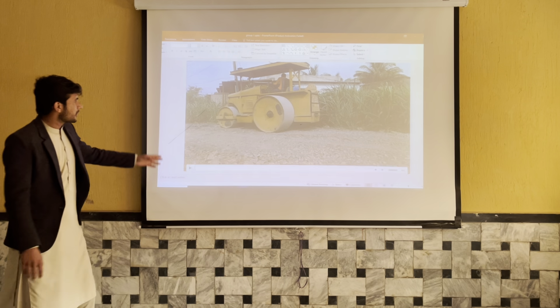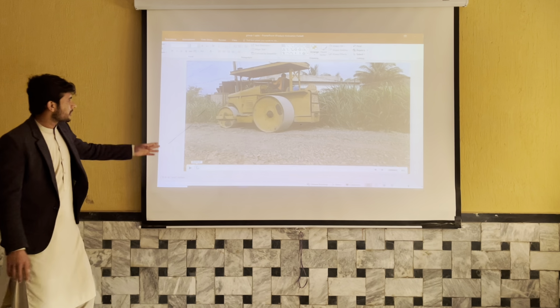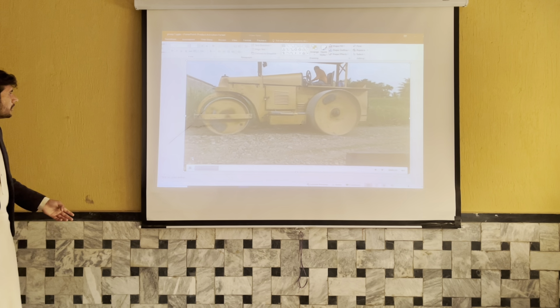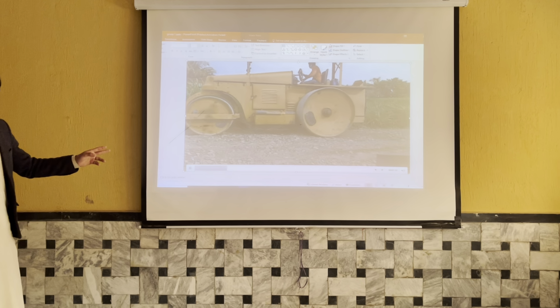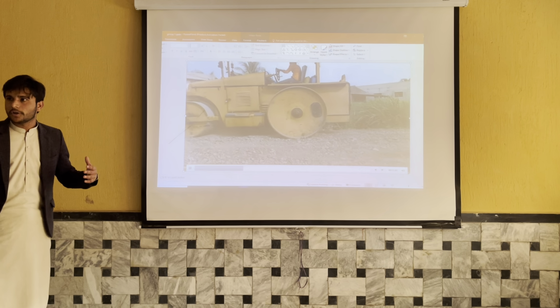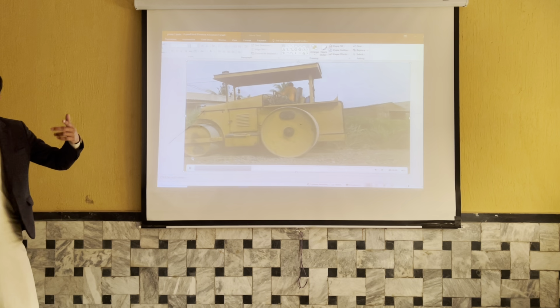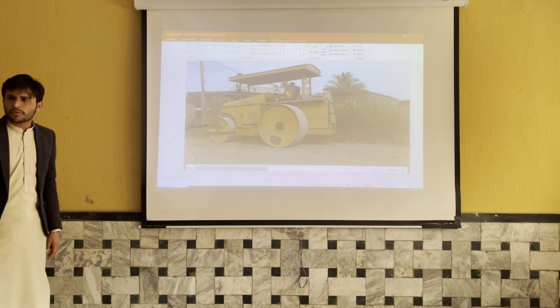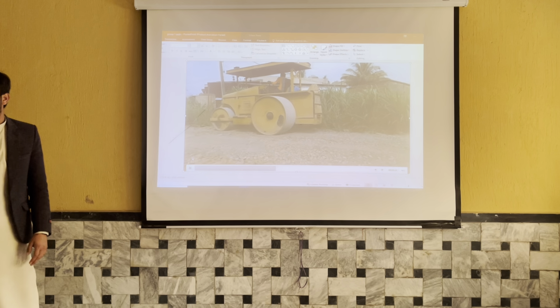This is a short video clip I have taken from YouTube. You can see it running very slowly on the ground, compacting the soil. I have checked that its speed depends upon the type of soil and the compaction. It is normally about 3 km per hour to 6 km per hour, and it takes about 7 or 8 passes to compact a 20 cm layer of soil.